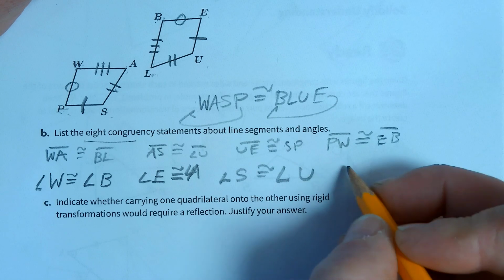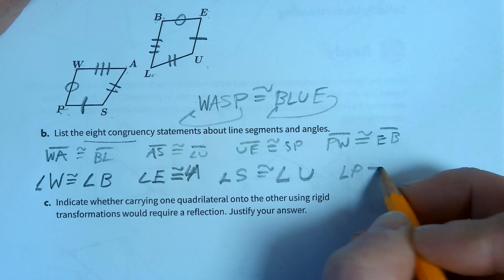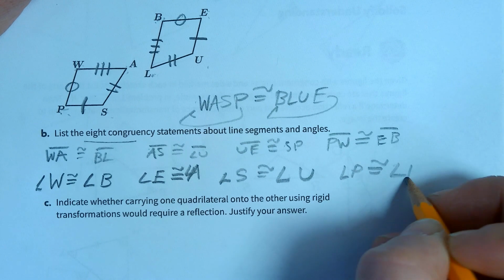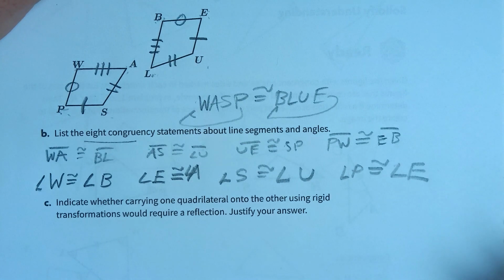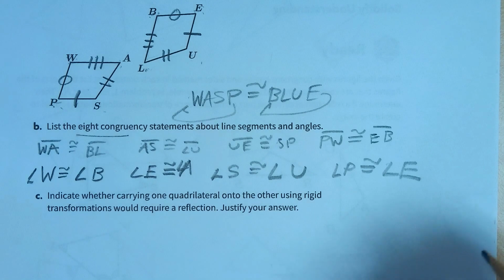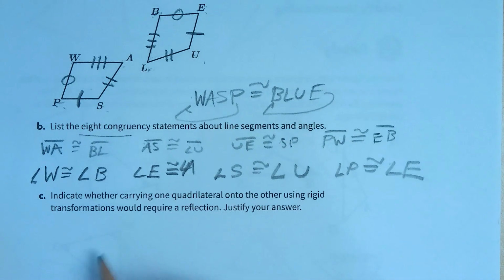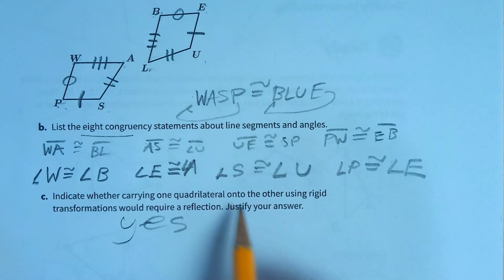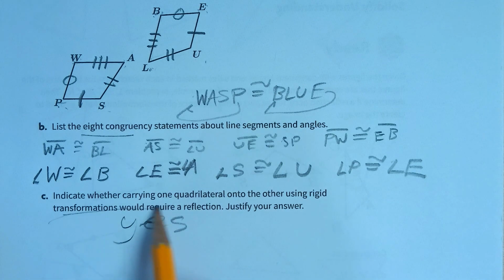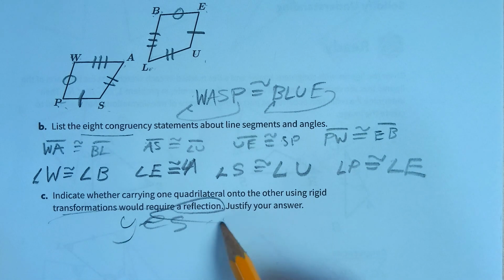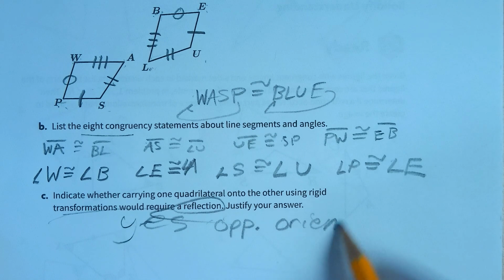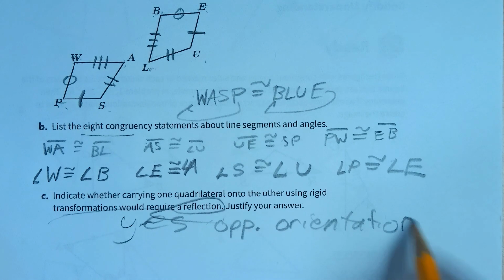No, that's right. Angle P, congruent, angle E. Whew. Yes. Require reflection? Yes. They have opposite orientation. One's clockwise, one counterclockwise. We already discussed that.